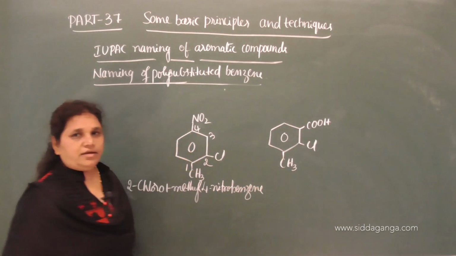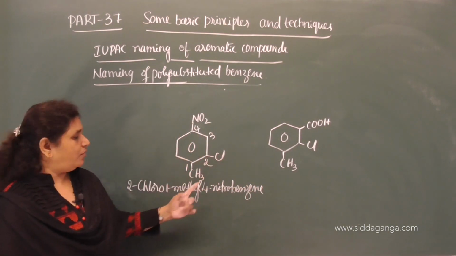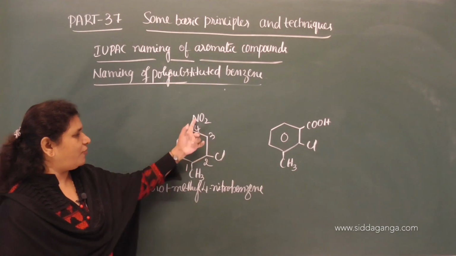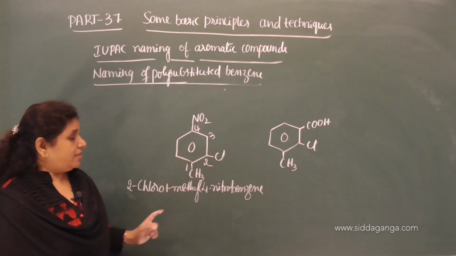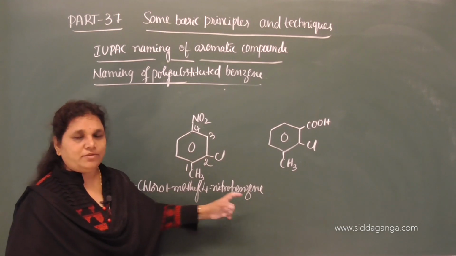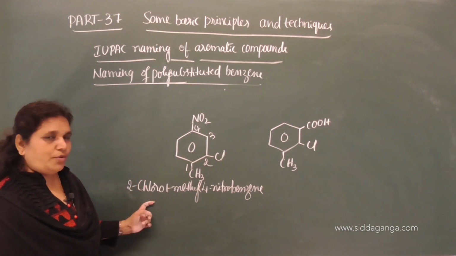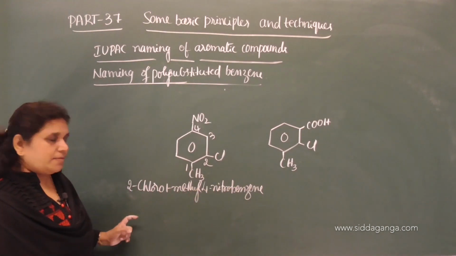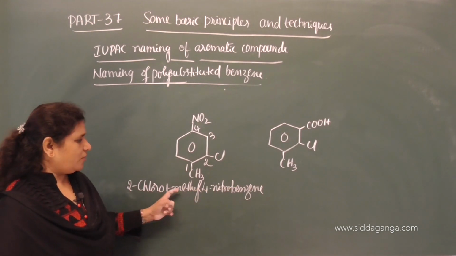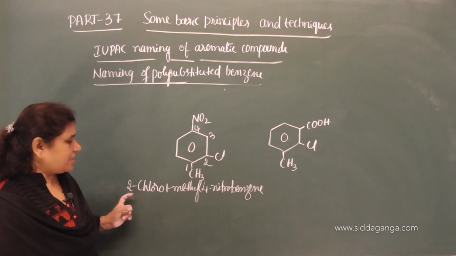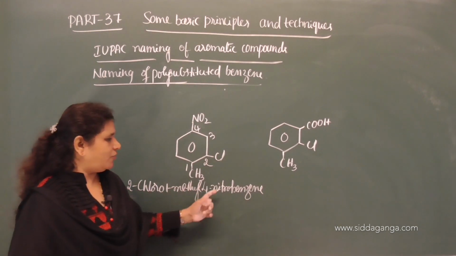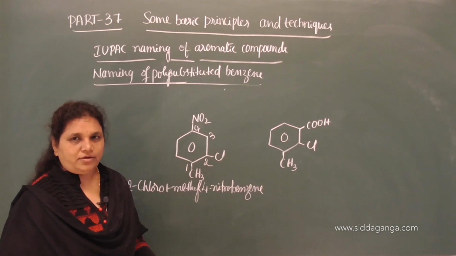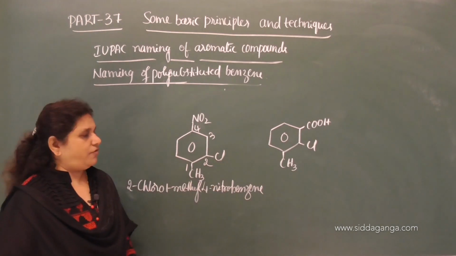Clear? 2 chloro, 1 methyl, 4 nitro, benzene. Tri-substituted benzene. What substituted? Chloro, methyl, nitro substituted benzene. What are the positions? One methyl group is on the first position, chloro is on the second position, nitro is on the fourth position. Okay. Now, move on to the next one.